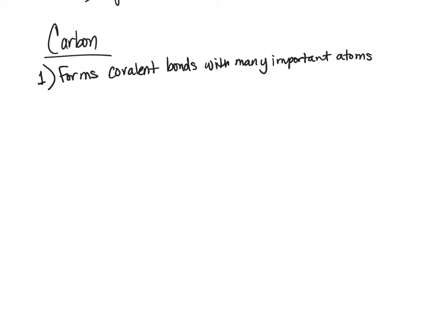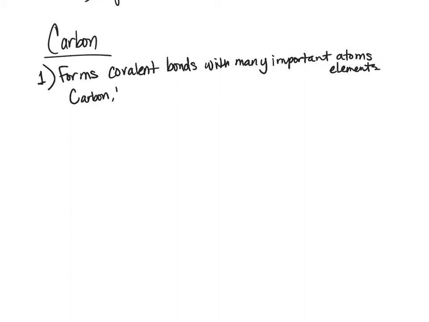Why we see this in all of these organic molecules. So when we're talking about very important elements, what we're talking about are things like other carbons. So carbon can form a bond with carbon.